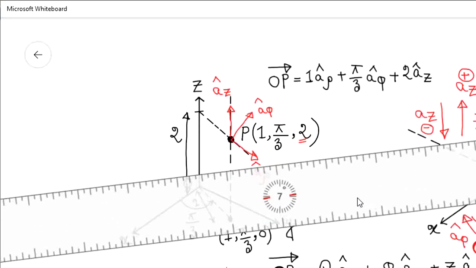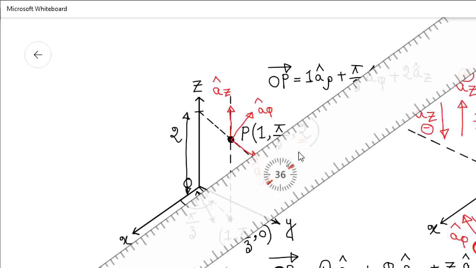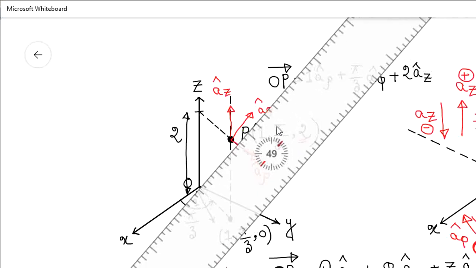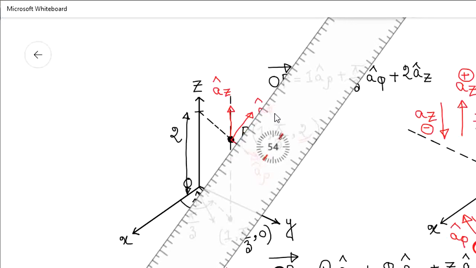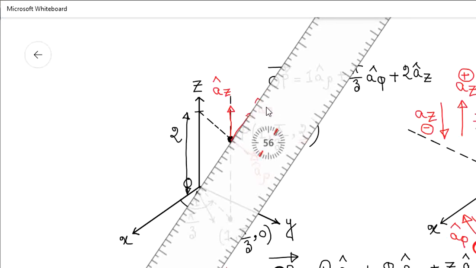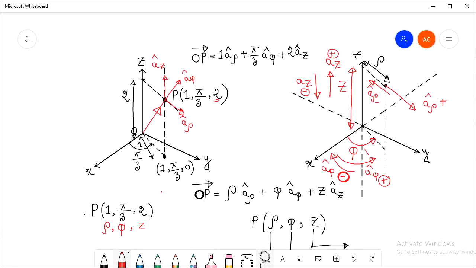So let's connect these 2 points and place a vector which will come out of the origin. This is our representation of a vector in the cylindrical coordinate system. Hope you have understood well. Thank you very much.